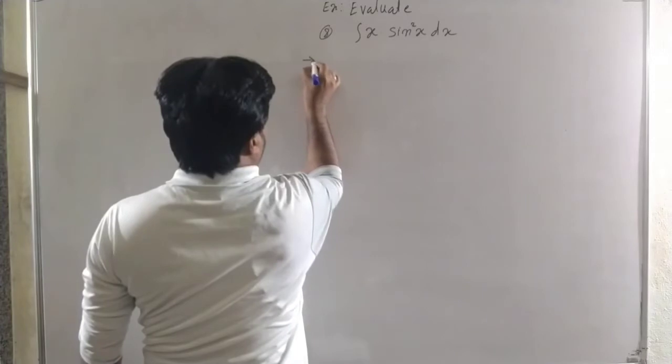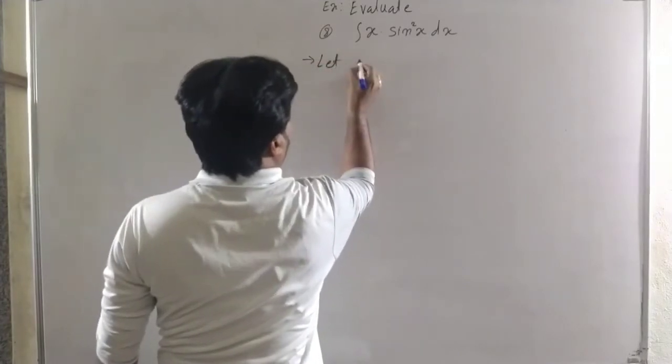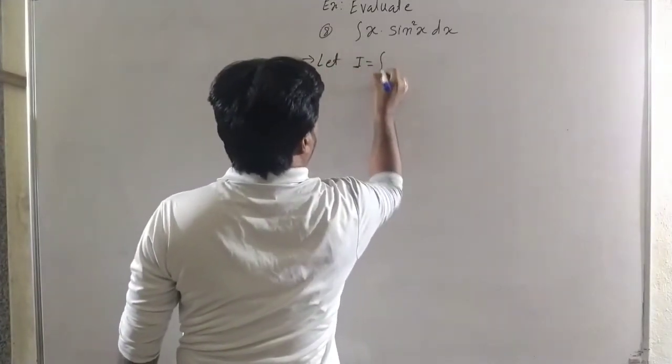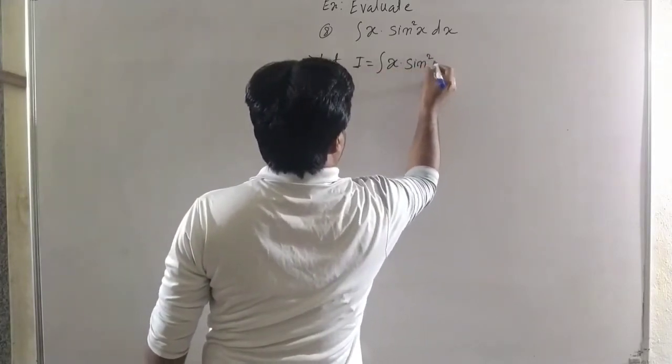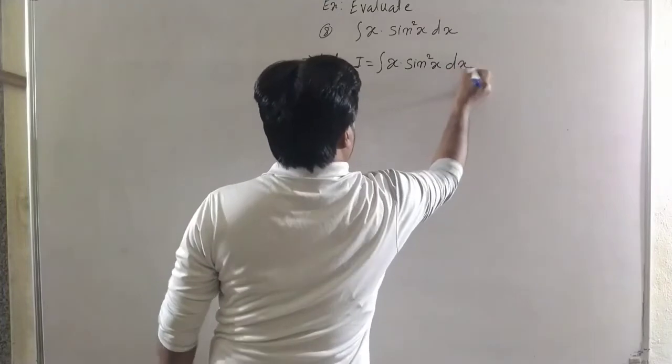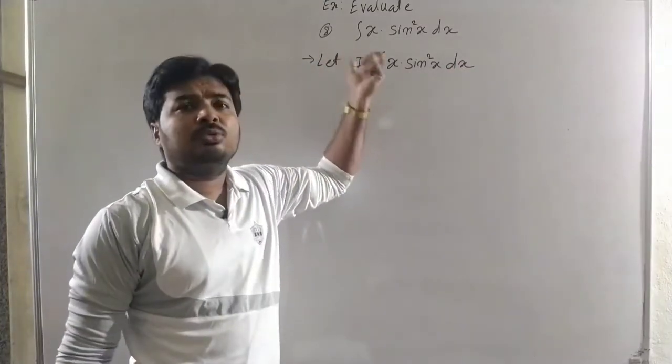Here the solution. Let I is equal to integral of x into sin square x dx. Now it is a product of two functions.